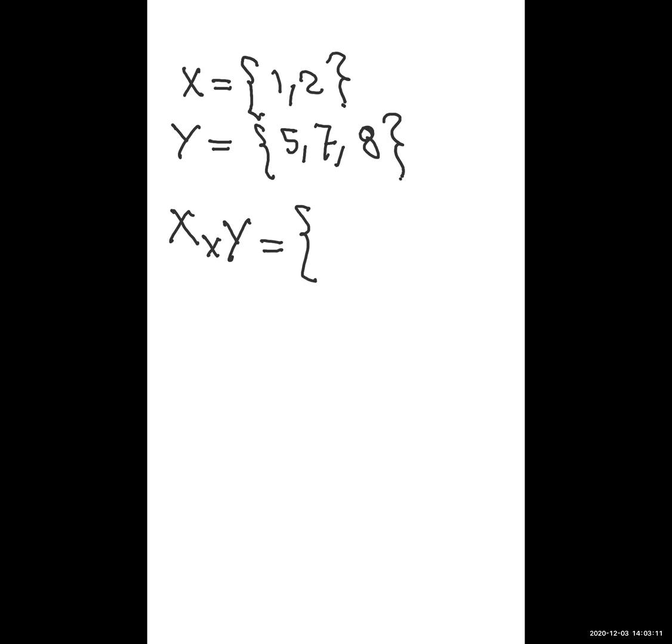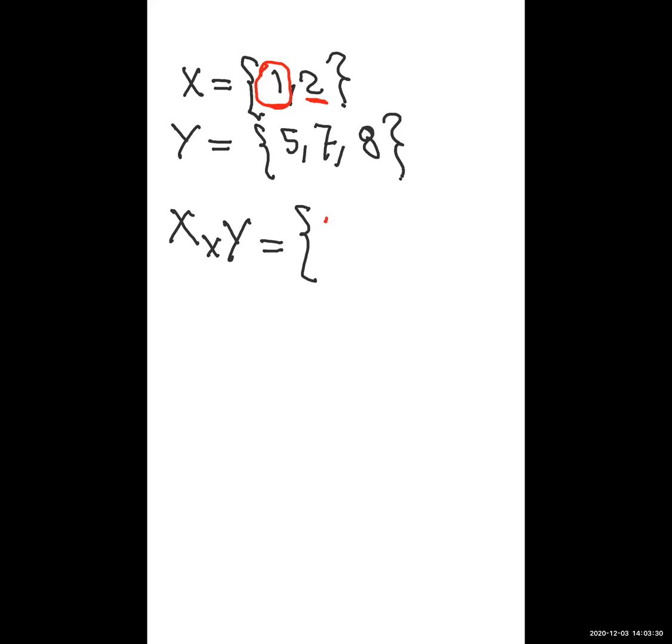simply we said that, okay, it will equal x here has two elements, 1 and 2. So I have to start with the first element, which is 1, with whole elements on the set of y.